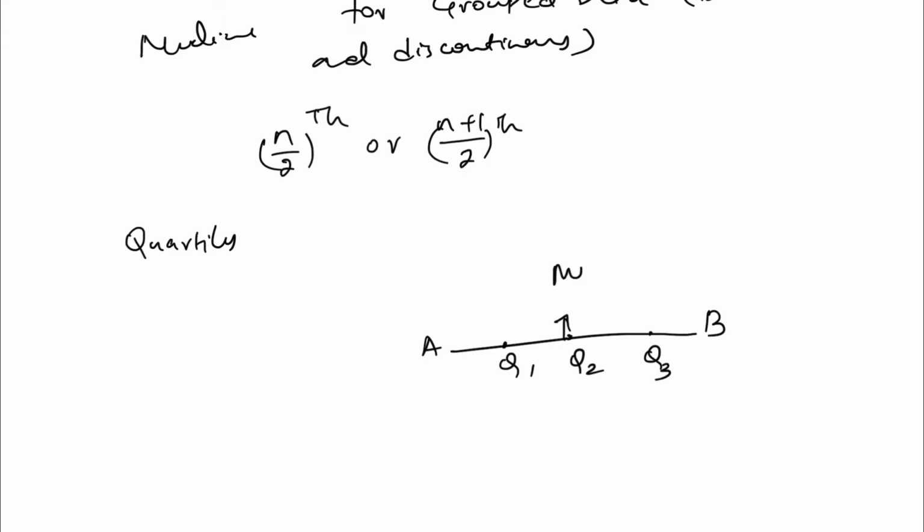Q2 is equal to your median. Q1 is your lower quartile, Q3 is your upper quartile. So it's divided into 4 equal parts. Please go to page number 368 for more details on this.